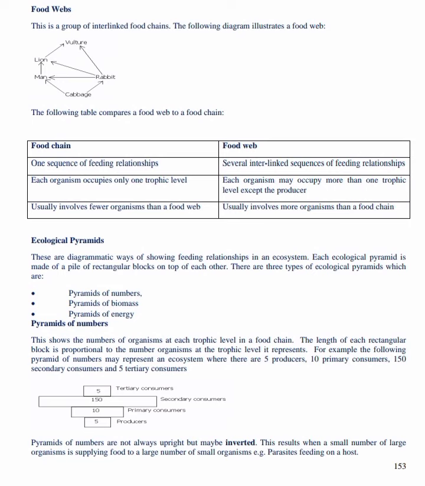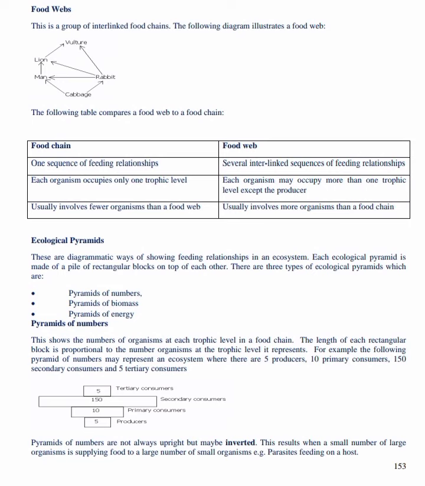Or another chain: cabbage eaten by a rabbit, eaten by a lion, and a lion eaten by a vulture. The last chain is cabbage, rabbit, then a vulture. So food webs, like I said, are more realistic. They are close to what is happening in ecosystems.